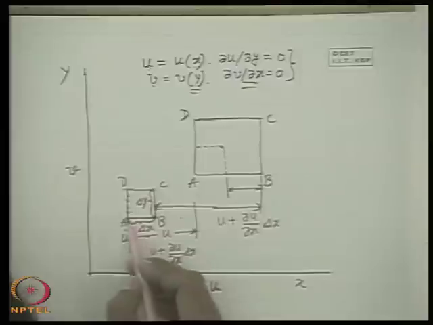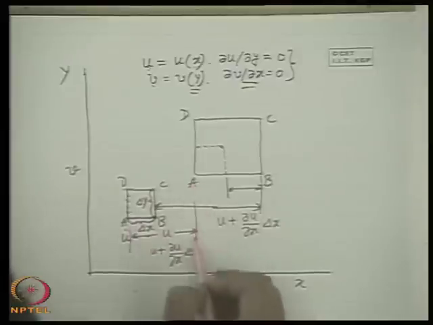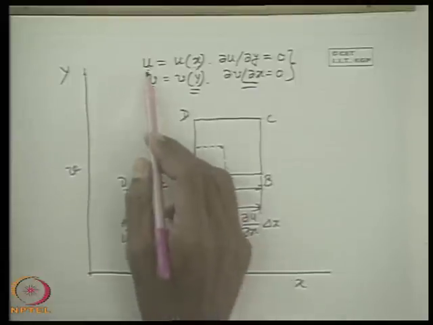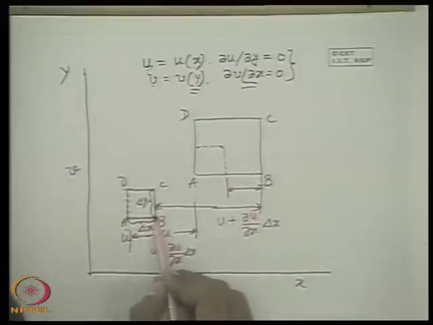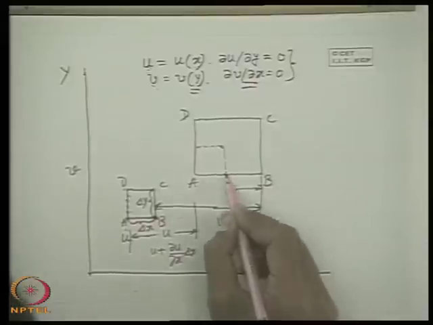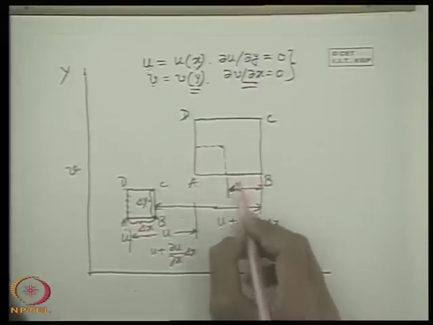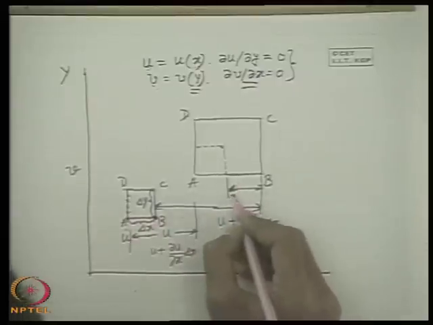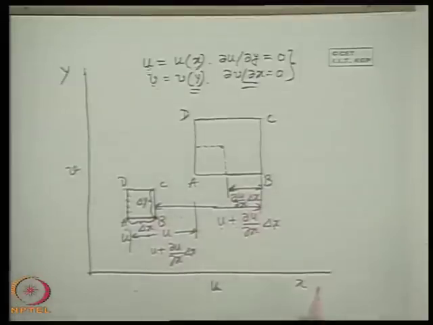That means per unit time A will move to a distance which is the velocity here, B will move to a distance which is the velocity at B. Because of the variation of u with x, the velocity at B will be u plus del u del x delta x. Therefore the elongation, or displacement of B with respect to A in the x direction, will be del u del x delta x.